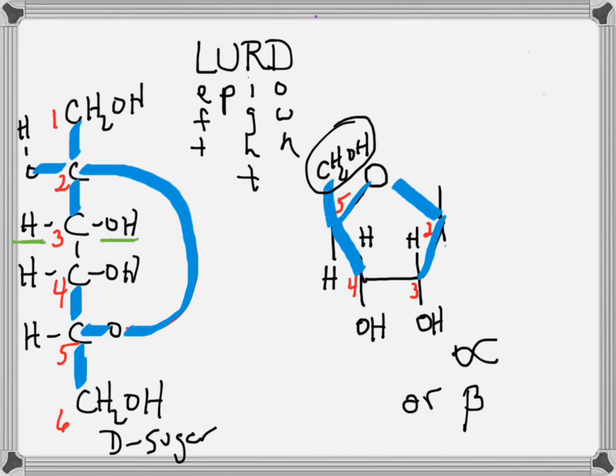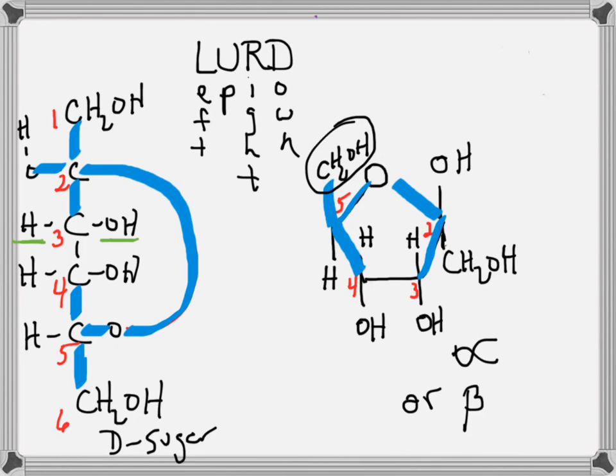That happens. So let's put the CH2OH down now, and the OH up. And again, like I said before, both of those configurations occur when the ring structure is formed. Maybe not in the same percentages, but they both form.